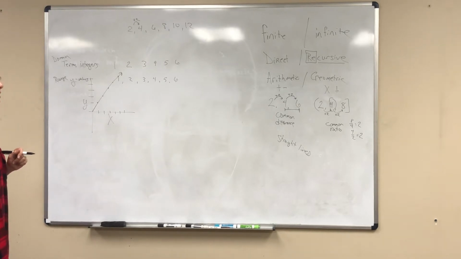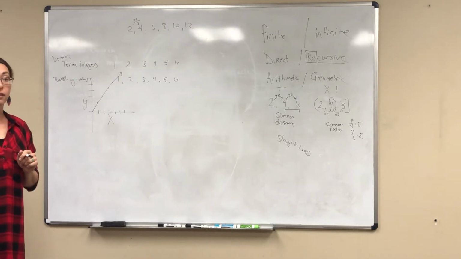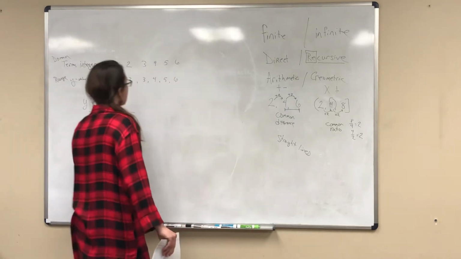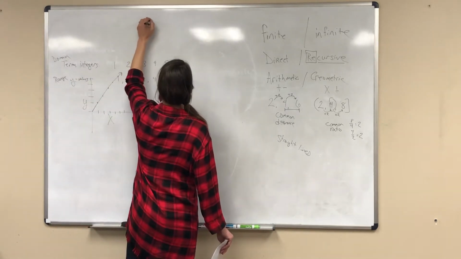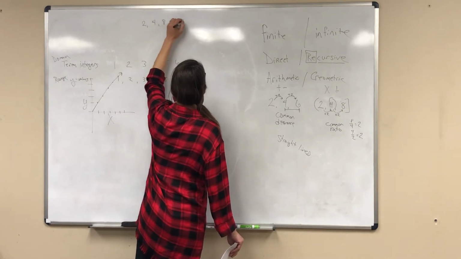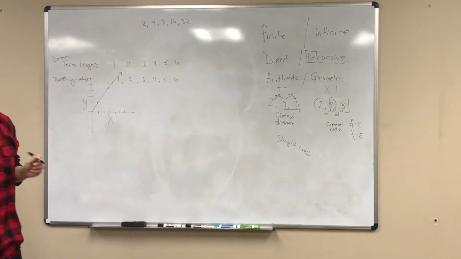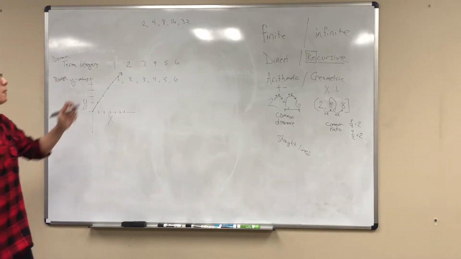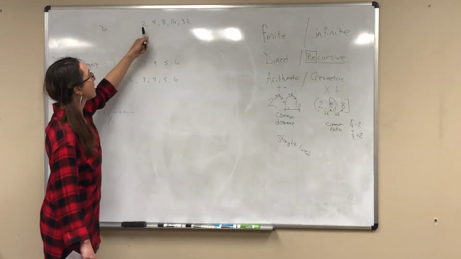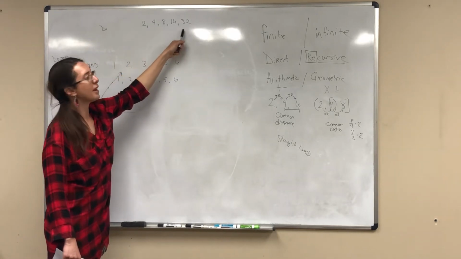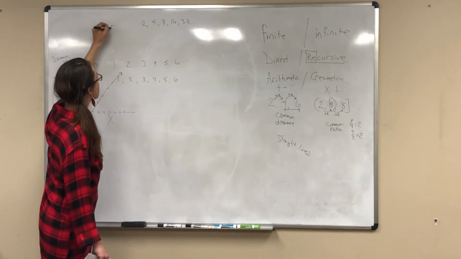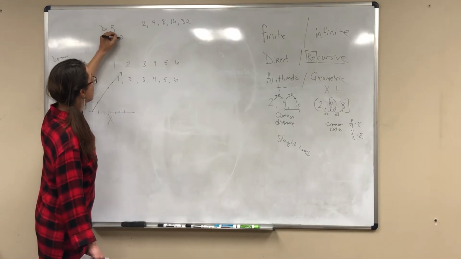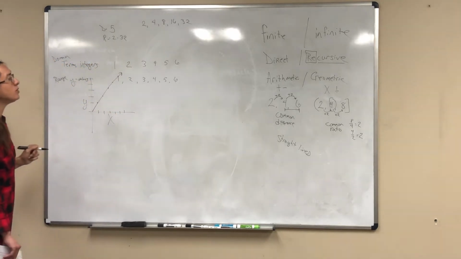Now, for a geometric sequence, because we are multiplying, each term might be going up. So if we have times 2, okay, what is the domain of this sequence? 2, 4, 8, 16, 32. So how many x values do we have? 5. We have 5, okay. The range is 2 to 32. You could say, probably just say 32.